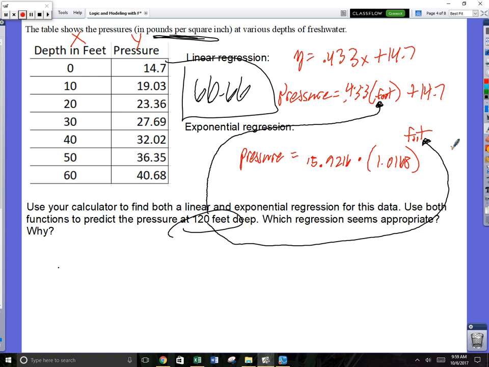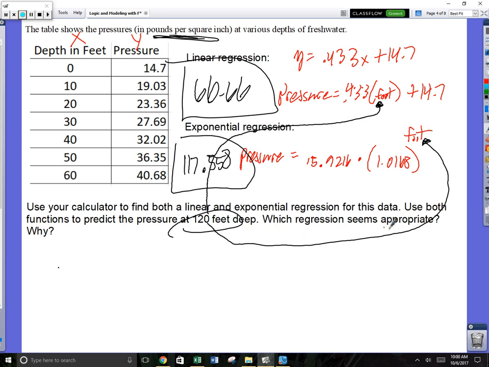It is going to give me a pressure of 117.558 pounds per square inch. So they're quite different. 67, this is almost doubled. 66 and 2/3 pounds per square inch versus 117.558 pounds per square inch.